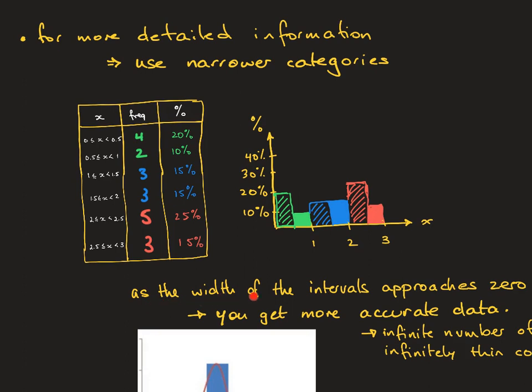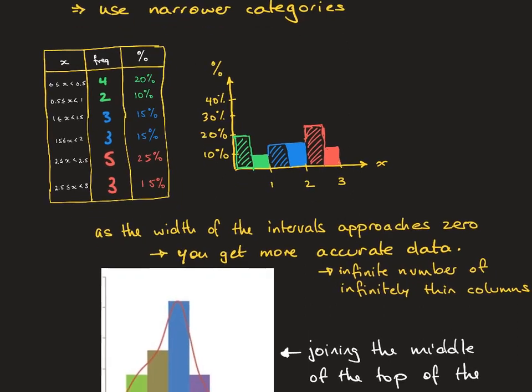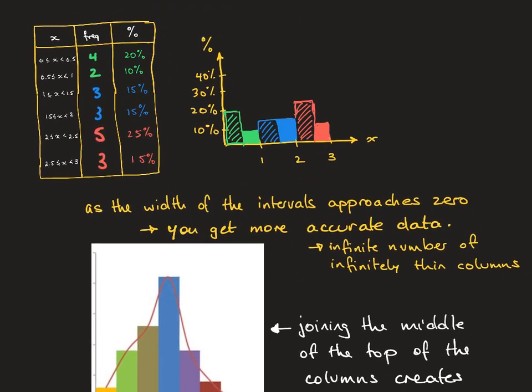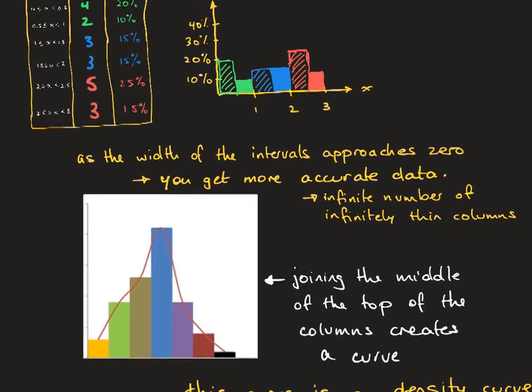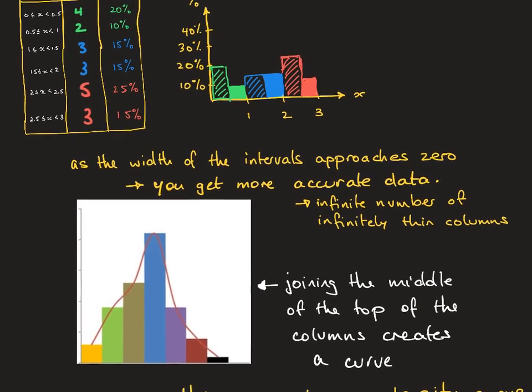So as the width of the intervals approaches 0, so as I make these intervals narrower and narrower, and I'll have more and more and more categories here, you get a more accurate picture of the data. And in fact, when you get an infinite number of columns that are infinitely thin, you can end up with an overall shape like a curve.